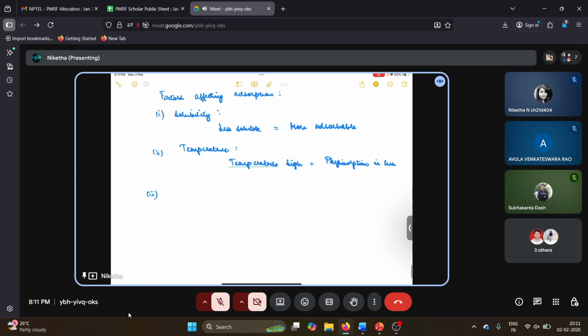And then pressure. Physisorption especially is pressure dependent. If we increase the pressure, then the physisorption process also increases. For chemisorption and temperature, chemisorption will increase as long as we reach an equilibrium temperature. Once we reach that, it won't increase.